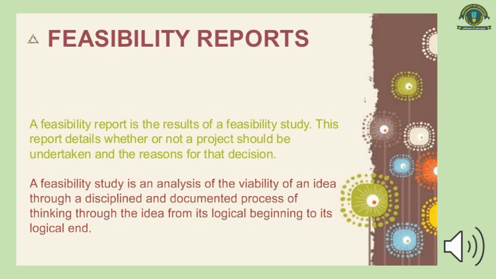There are certain components or elements in a feasibility report. The first component is introduction. The second component is proposed action. The third element is conclusion. And finally, you have to give final recommendations in a feasibility report.